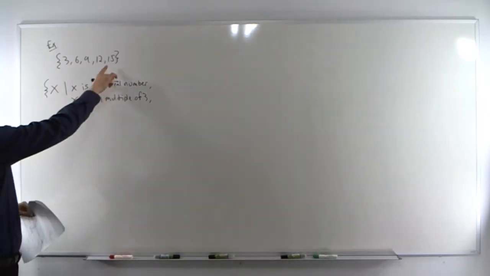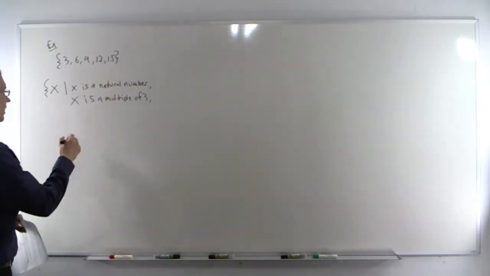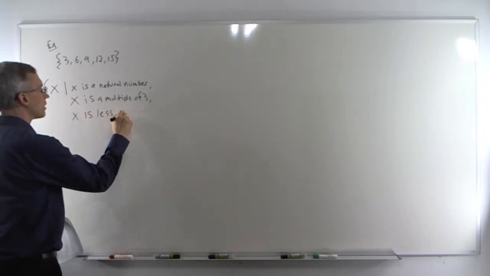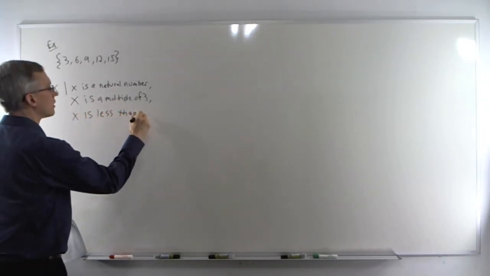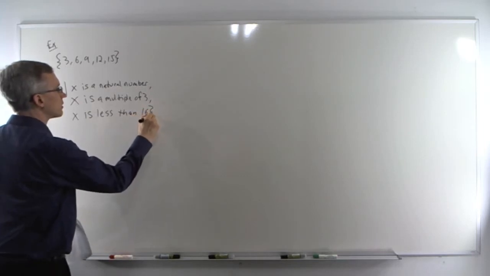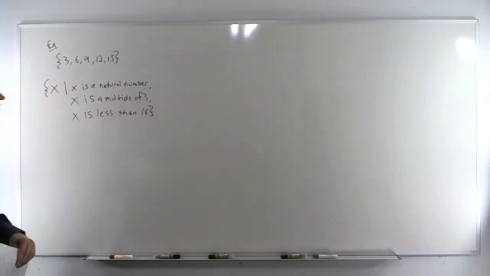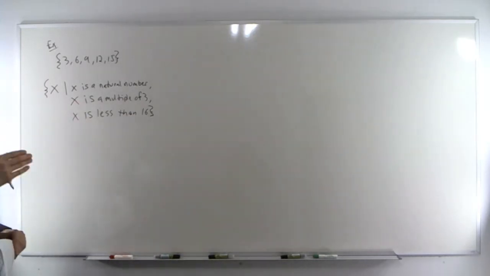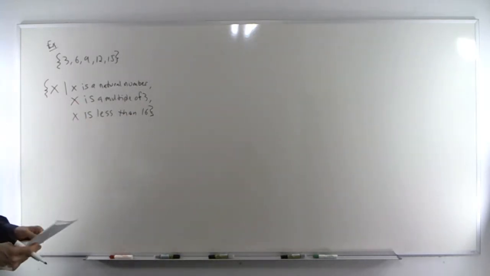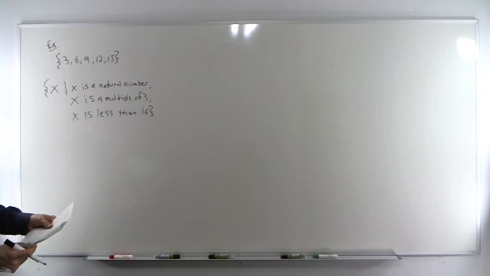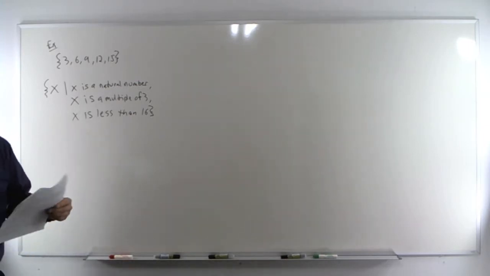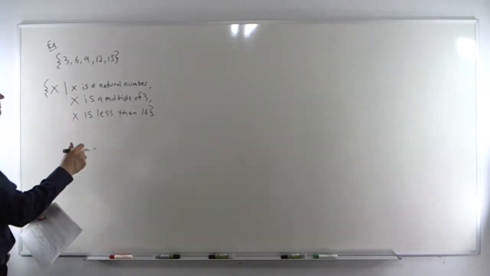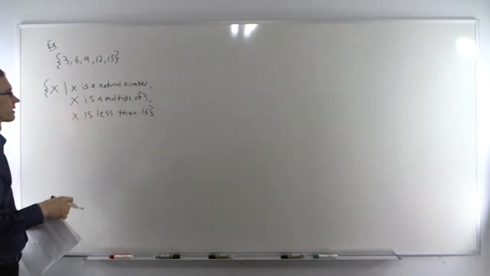And we stop at 15. So I'm just going to say x is less than 16. All right, so there's our comma-separated list of requirements. Sometimes you can do without the comma if you just say things all at once, kind of like that first example where x is a natural number less than 8. There are 2 requirements in there, but you don't need a comma because it all kind of flows. But you can write it like this as well.